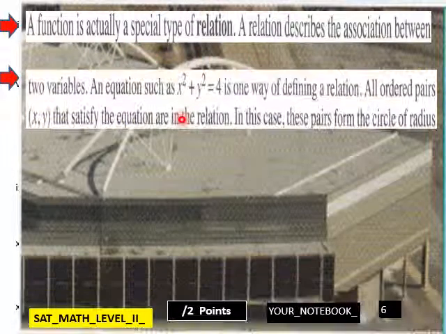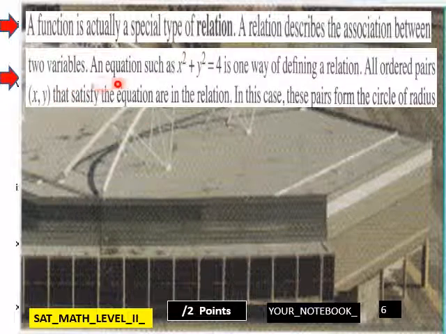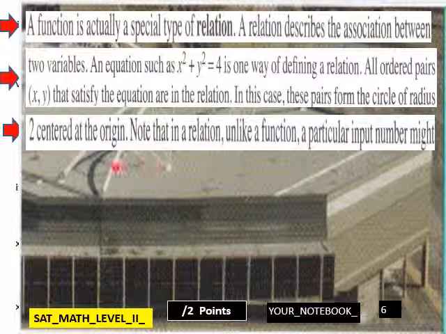A relation describes the association between two variables. An equation such as x squared plus y squared equals 4 is one way of defining a relation. All ordered pairs (x, y) that satisfy the equation are in the relation. In this case, these pairs form the circle of radius 2 centered at the origin.